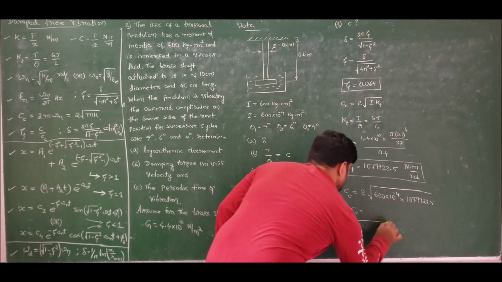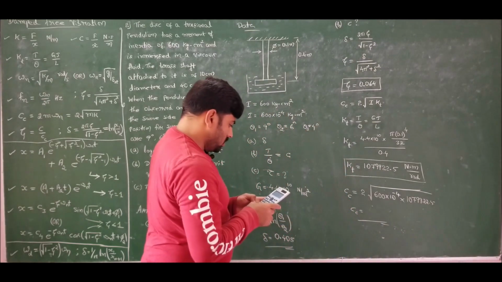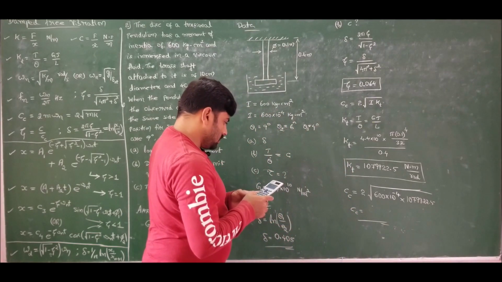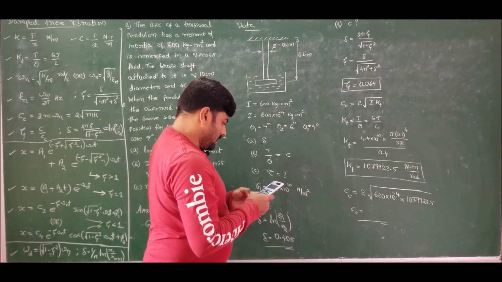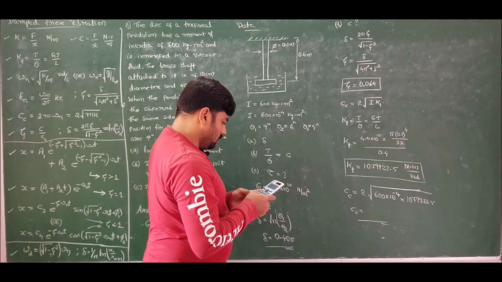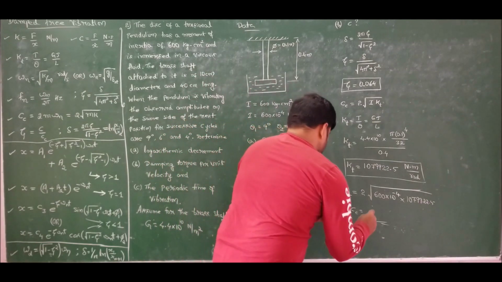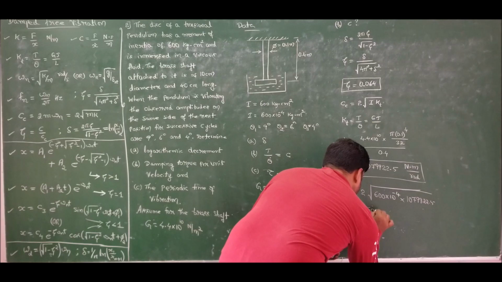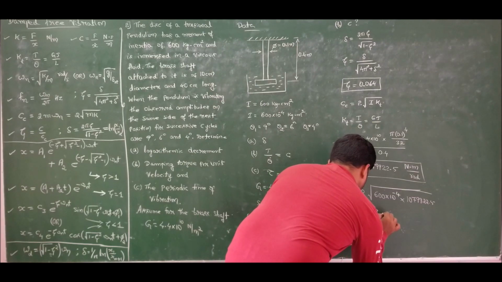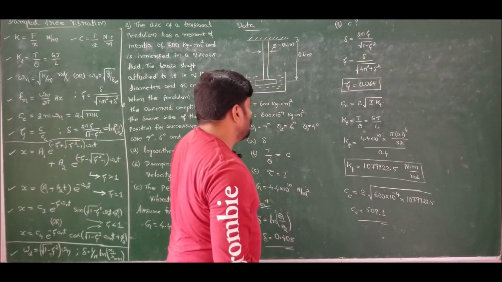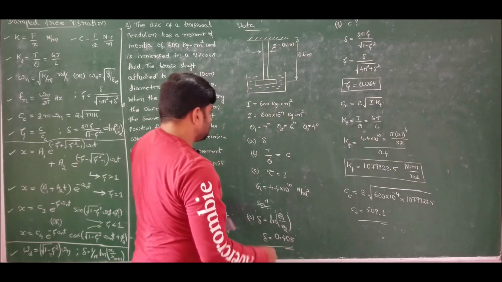Hence Cc will become 2 into root of 600 into 10 to the power of minus 4 into 1079922.5. So critical damping coefficient for this problem is 509.1.